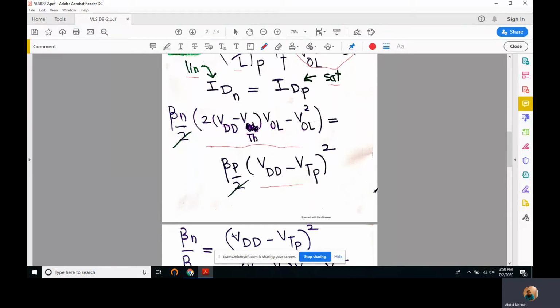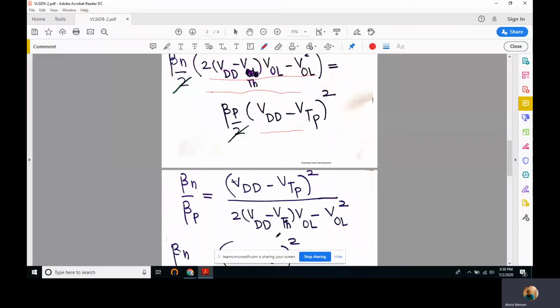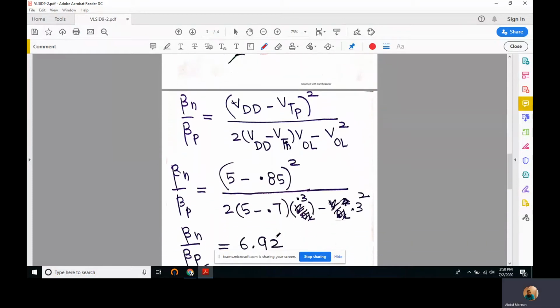We can divide these; the 2 and 2 cancel out, and we get beta n over beta p.